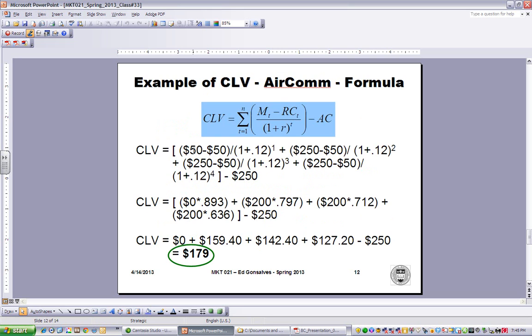You've got 50 in revenue, 50 in expense. Then 250 in revenue, 50 in expense, 250, 50, 250, 50, and then you have the 250, which is the cost to acquire. That's AC. So we're just pumping these numbers in here, and what you eventually get is the total customer lifetime value is $179 over that 4-year period.